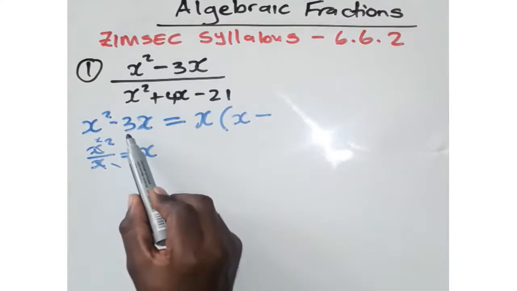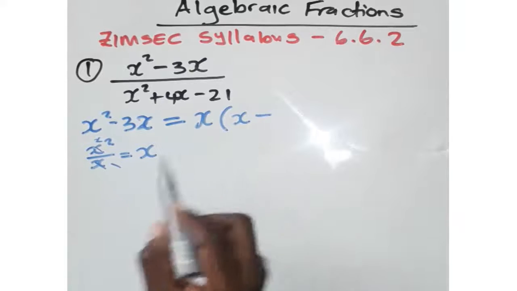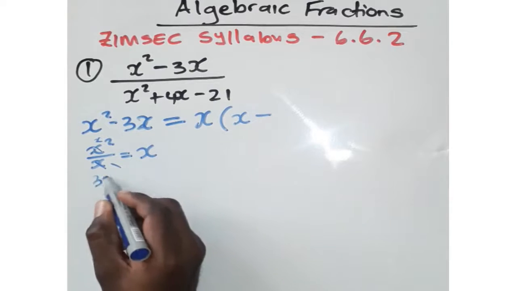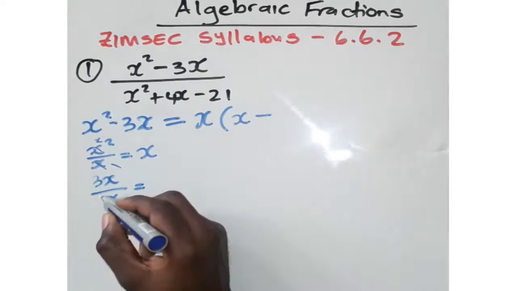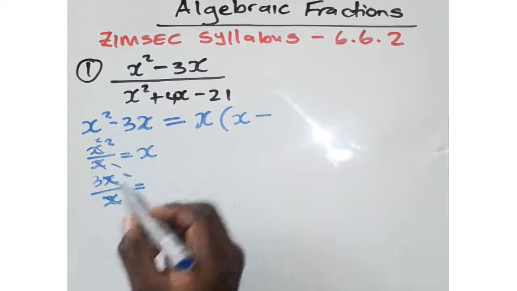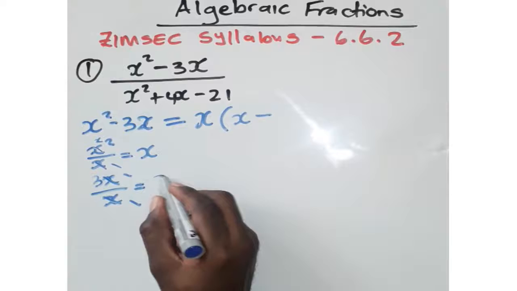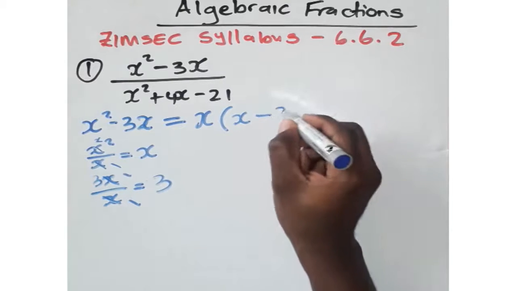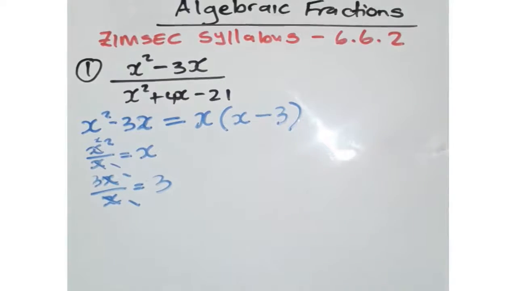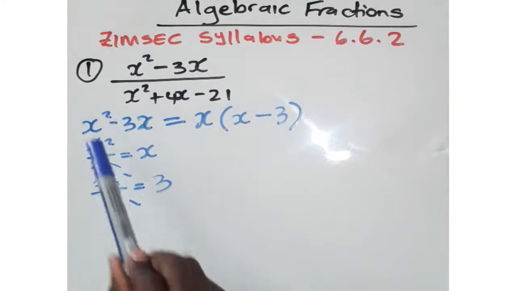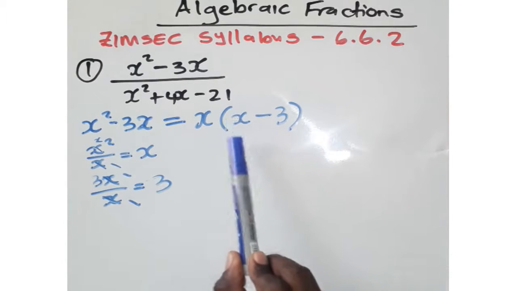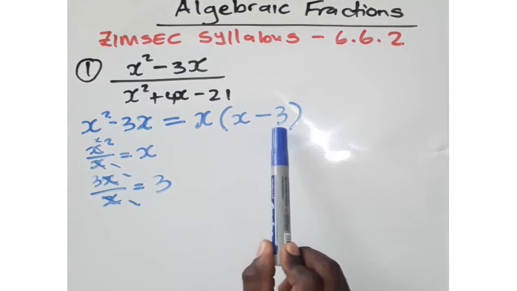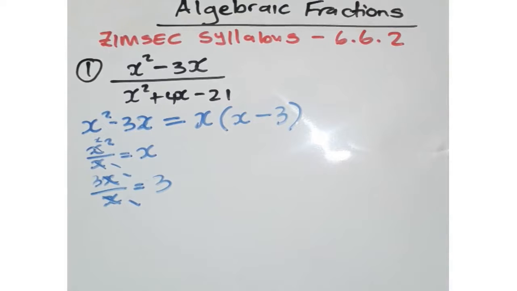And now we're saying 3x divided by x. What do we get? x cancels the x here. So we remain with 3. So we come here and we write 3. So in essence, we have factorized x squared minus 3x to get x open bracket x minus 3 close bracket.